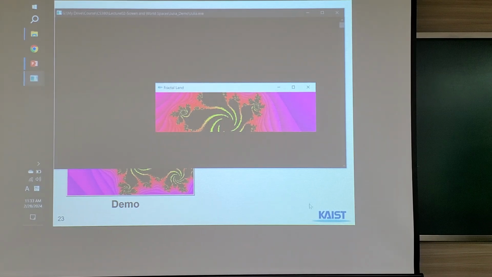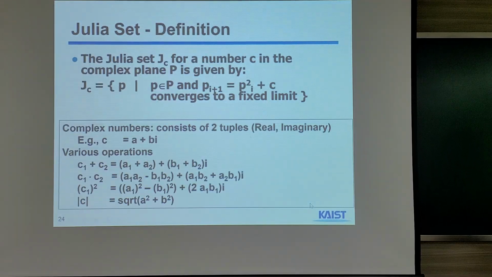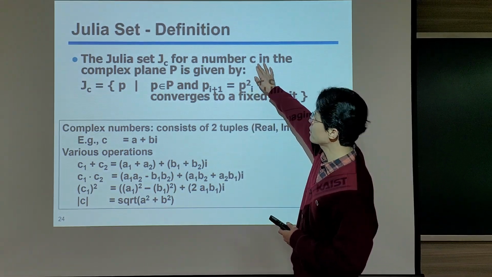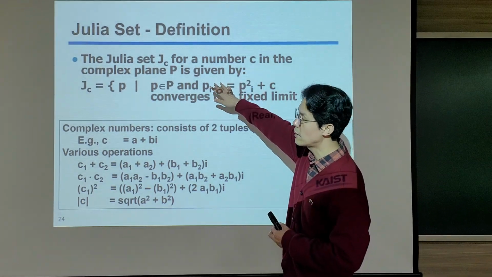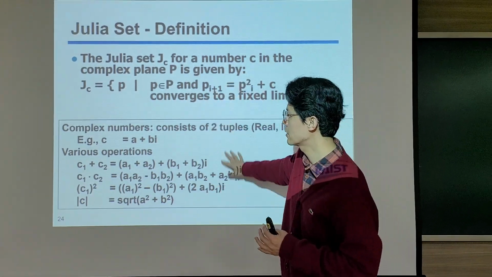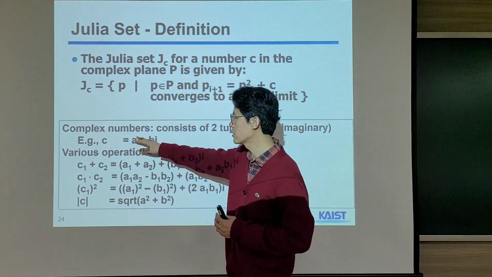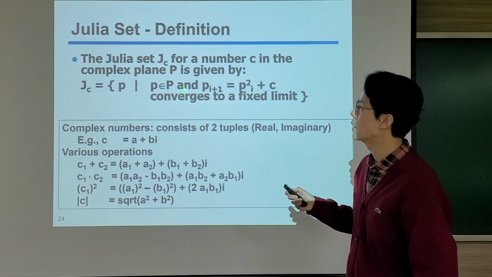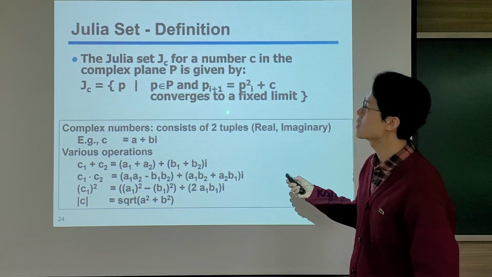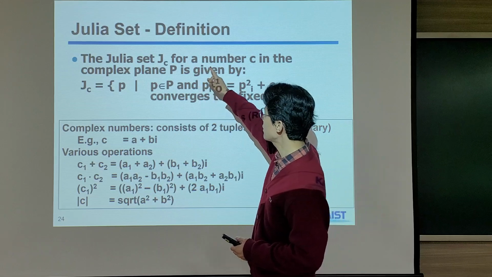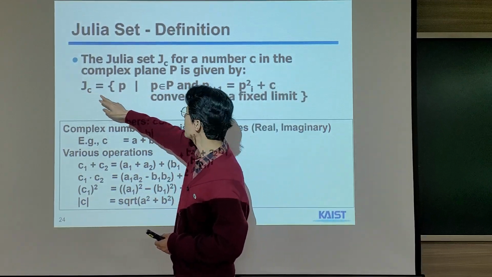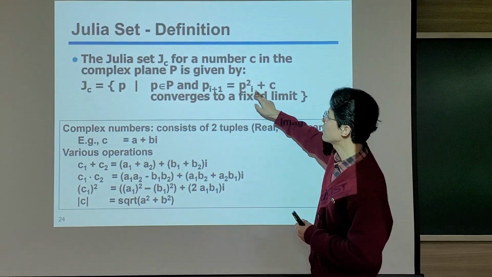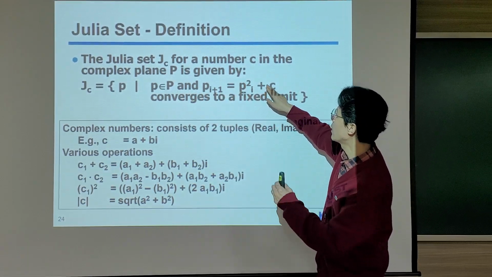Okay, so now I'd like to see how we can do that. First of all, how we define the Julia set. Given some number c in the complex plane, you might recall that a complex number has a real component and an imaginary component, two tuples, and the set is given by this function. Starting from some value p, we evaluate this iterative function.